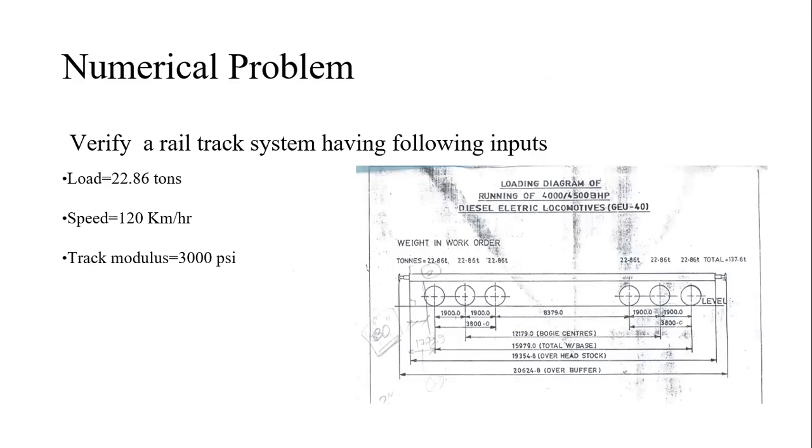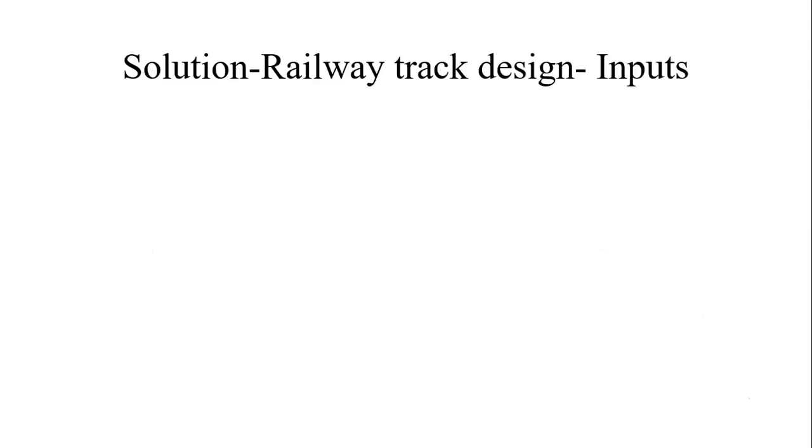Since it's a wooden sleeper, we are assuming a track modulus of 3000, not psi, but pounds per inch. Then the rail section: it's not 136, actually it's 133. Then there's a tie with a 7 inch by 9 inch cross section and 9 feet long.